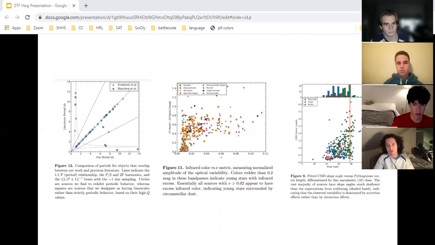For the middle graph, we are plotting the variability of each star, the new metric, versus the infrared color. And as you can see, after a new value of greater than 0.02, we start seeing some excess infrared color. And then after 0.04 around new, we see at least 0.4 infrared.